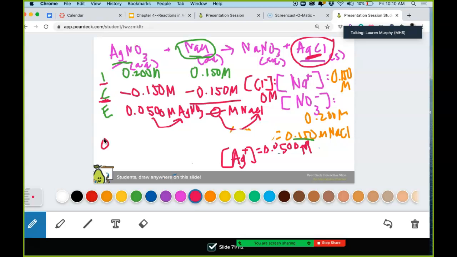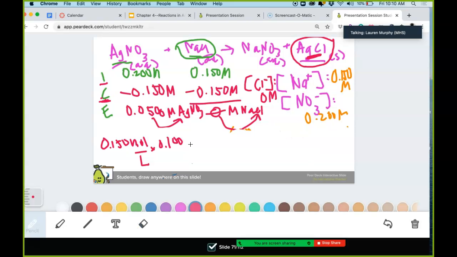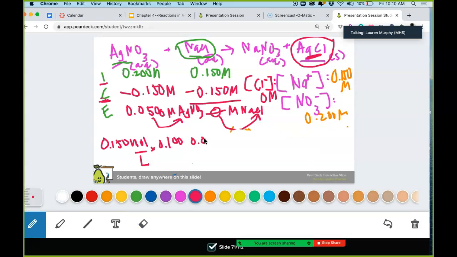So 0.150 moles per liter. That's what big M means. How many liters are there? 100 milliliters, which is 0.1. I gotta get this out of the way, sorry. So this gives me 0.015 moles of sodium chloride.